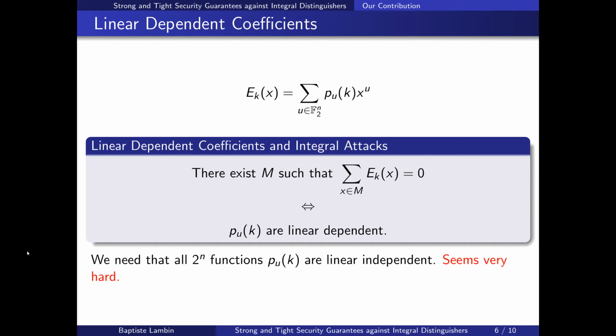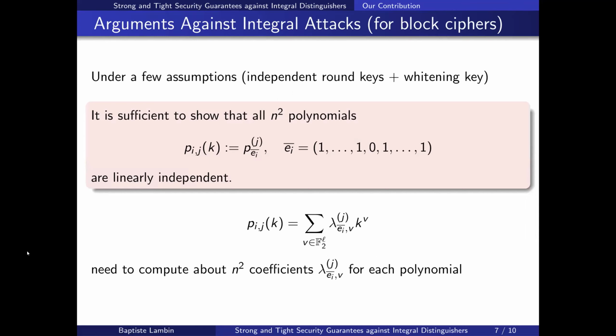So what we showed is that under a few assumptions, so having independent round keys like in our paper last year, as well as adding a whitening key, we can reduce the problem from 2 to the n linearly independent polynomials to only n squared polynomials, where just some specific polynomials pu for some specific values of the vector.